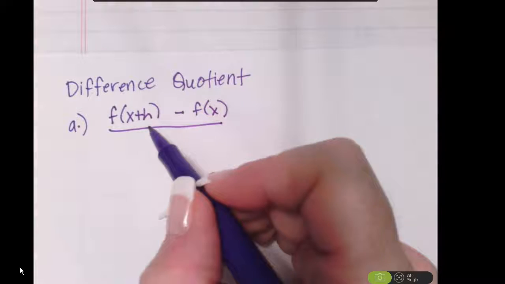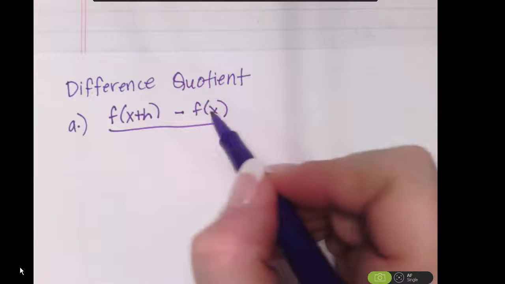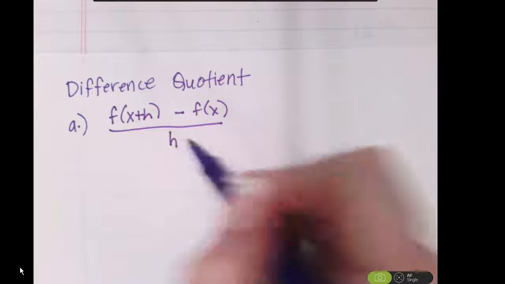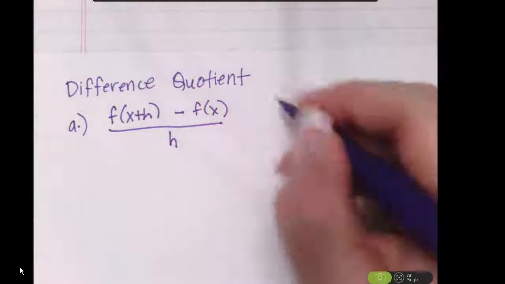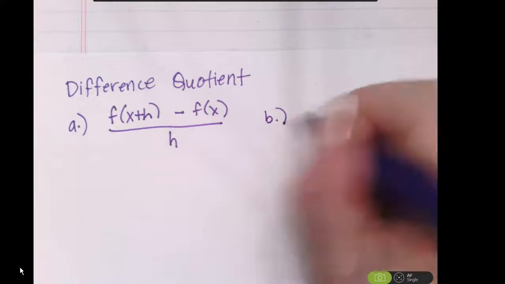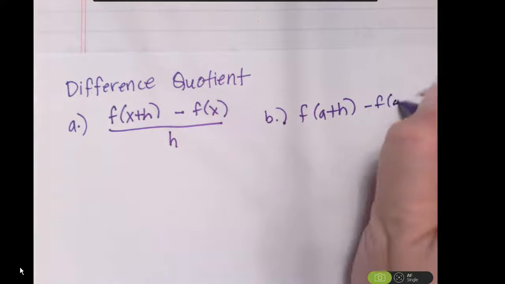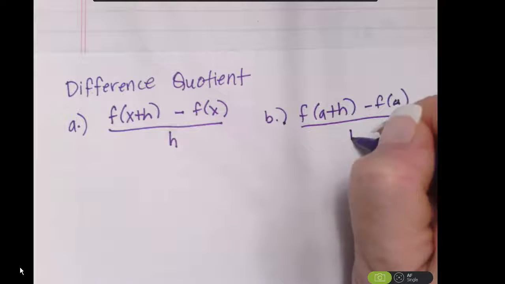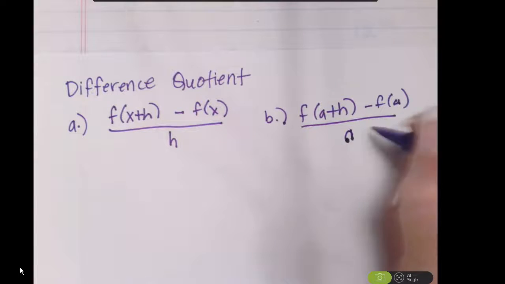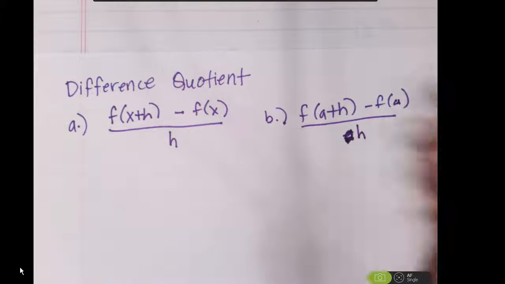So we would want to find an f of x plus h and then subtract out f of x and divide everything by h. Sometimes they use an a, f of a plus h minus f of a over h.